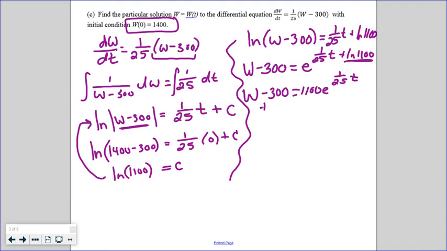And then solving for W by adding 300 to both sides. We would have a cleaned up solve for W equation. W equals 1100 e to the 1/25 t plus 300.